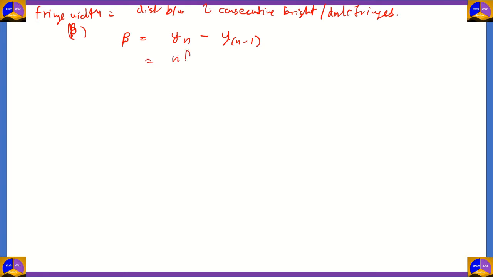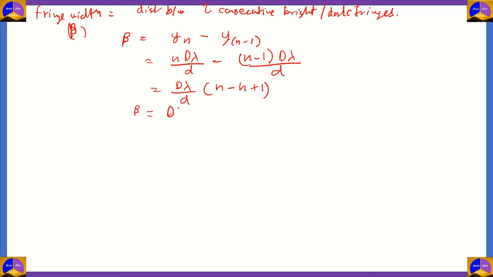For bright fringes, that will be nD lambda by d minus (n minus 1) times D lambda by d. So that will be D lambda by d into (n minus n plus 1). So beta is equal to D lambda divided by d for a bright fringe.